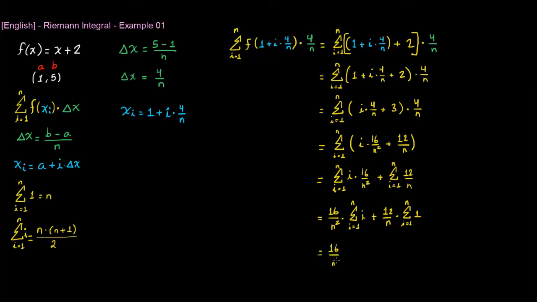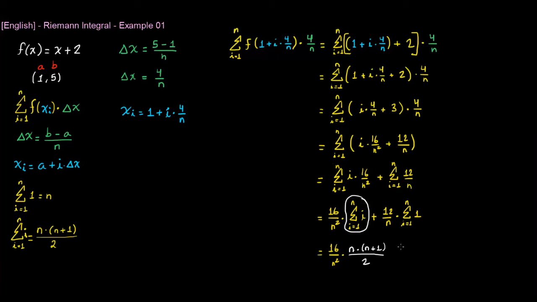It's going to be 16 over n squared times, let's use here a different color just to make sure what I'm doing, n times (n plus 1) over 2.